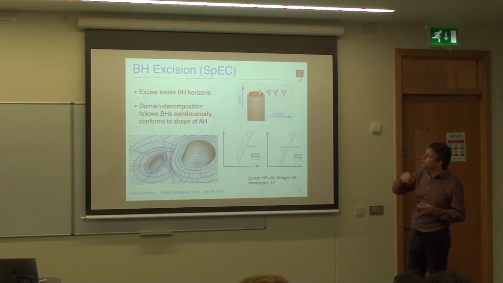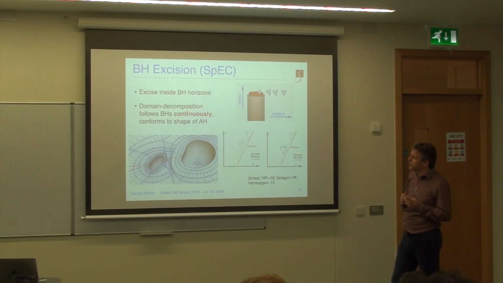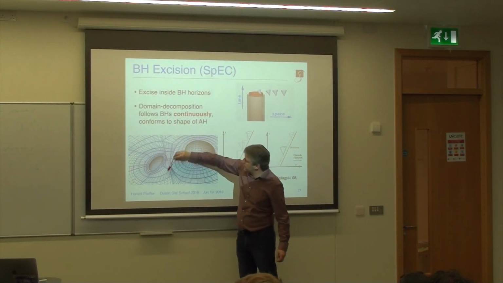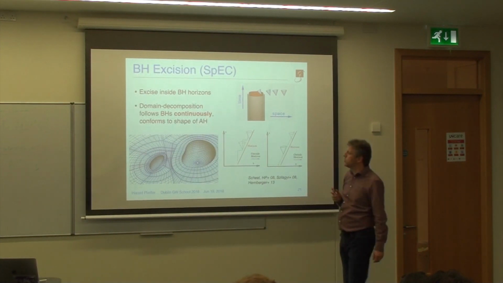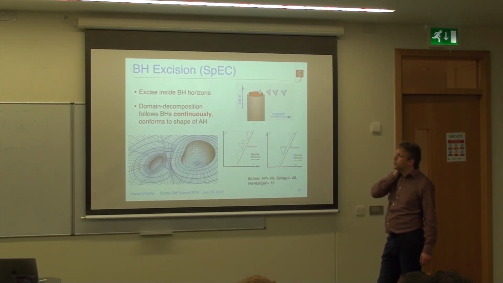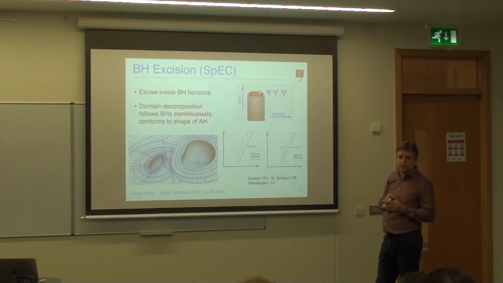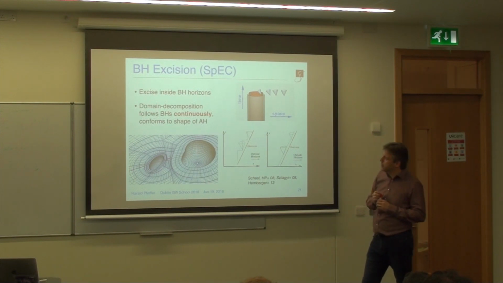So this is a typical grid of a SpEC simulation just before merger, where you're seeing a lot of elements, many more than I had in my simpler cases early on. You're also seeing how deformed the black holes become, and that all these deformations have to be tracked quite accurately.